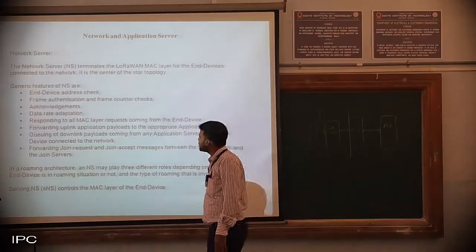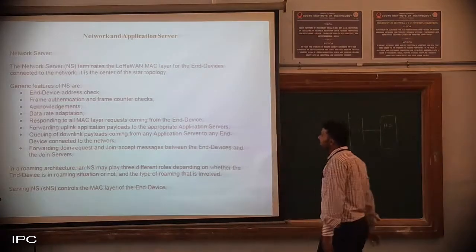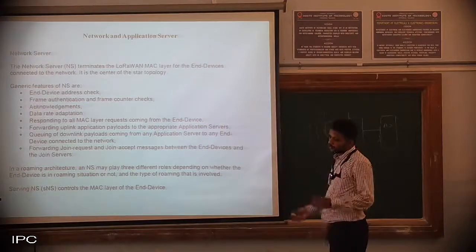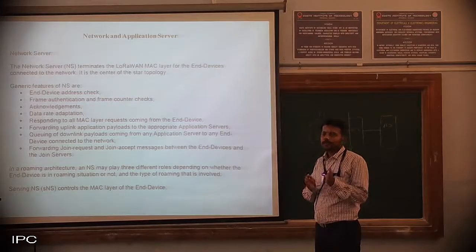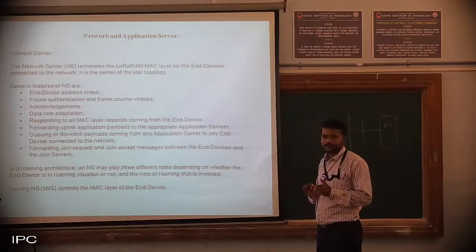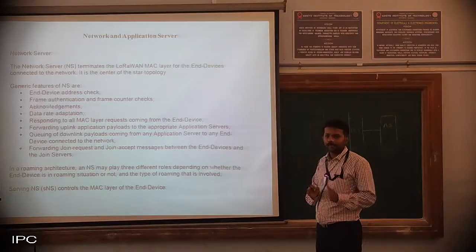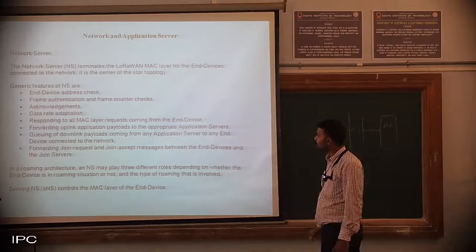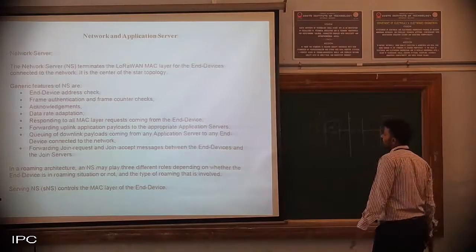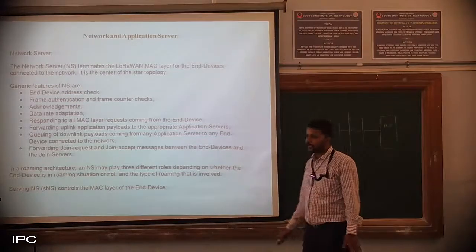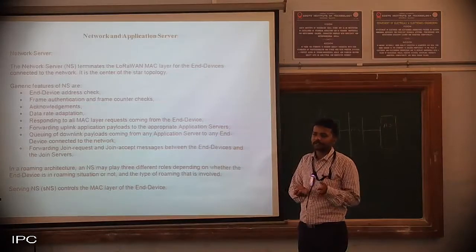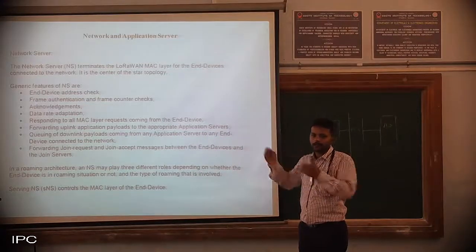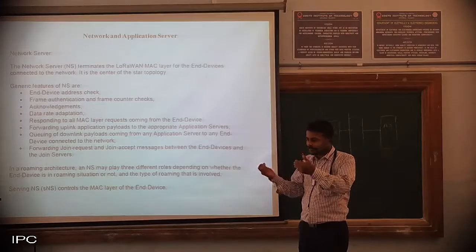And the generic features of network servers are the end device address check. The network server always does the end device address check, for security purposes, which is a very important point. Then frame authentication and frame counter checks. Frame means how many messages are going up or down, frame up or frame down.